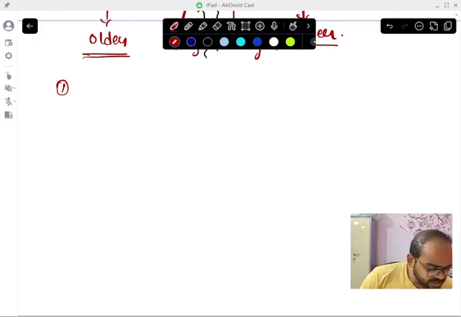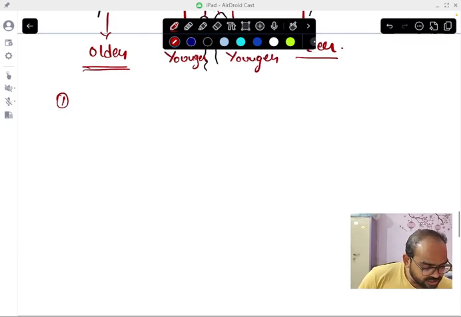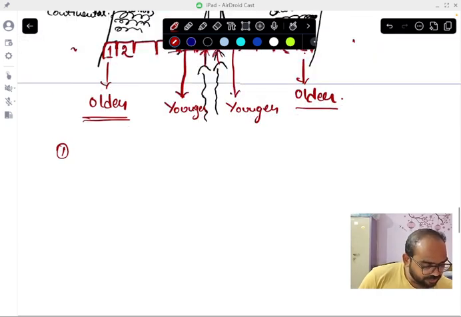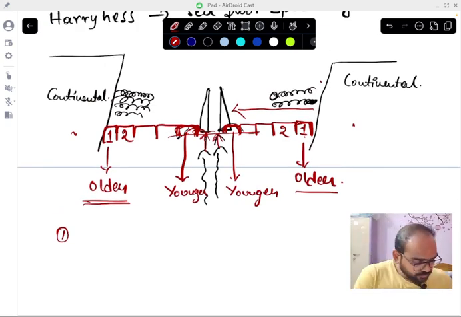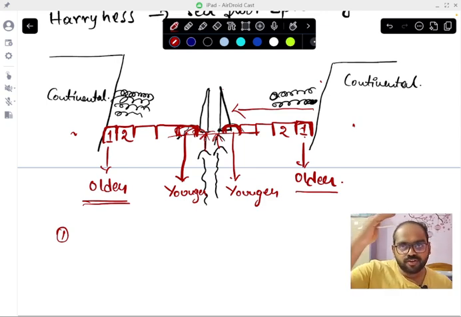The rocks equidistant on either side of the crest of the mid-oceanic ridges show remarkable similarities in terms of period of formation. I said these are the rocks. What the statement is saying is, the rocks equidistant on either side of the crest of the mid-oceanic ridges. Crest means summit. The peak of a mountain is called a crest.